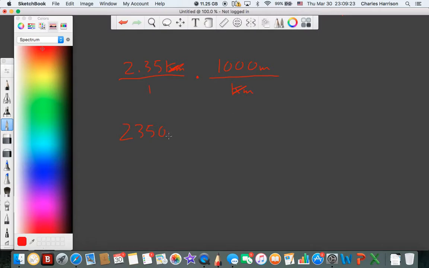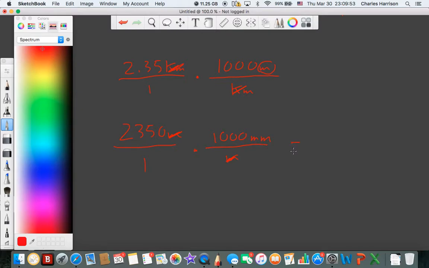Now we have that, and that's meters, right? Because the meter didn't cancel out, it's still there. So now it's that over 1, and we need to change it to millimeters. Well, we want to get rid of the meters, so we put a meter down here. And how many millimeters are in a meter? Well, that's 1,000 millimeters, like so. So we cancel out the meter here and the meter here, and then we're left with this times 1,000. So we just add 3 more zeros, or move the decimal to the right 3 times.